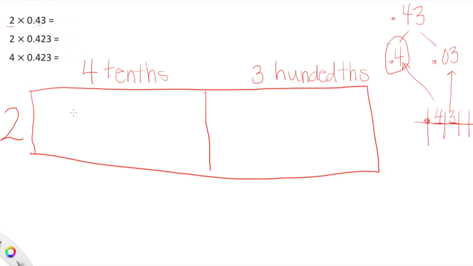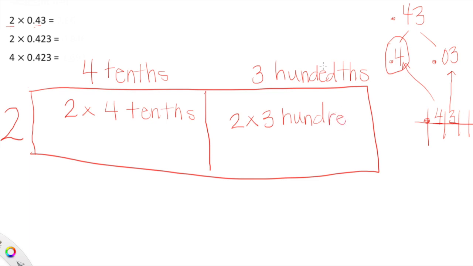Inside the box, we're actually going to be doing the multiplication. So inside this box, we're going to see this expression, 2 times 4 tenths. Inside this rectangle, we're going to see this expression, 2 times 3 hundredths.